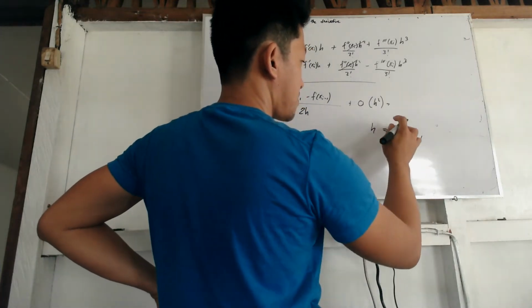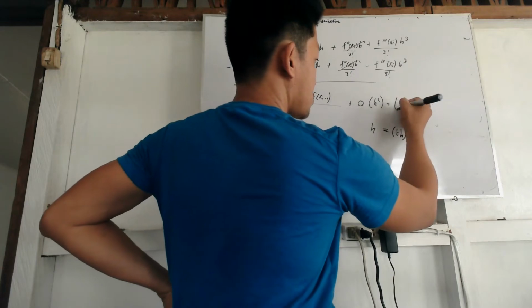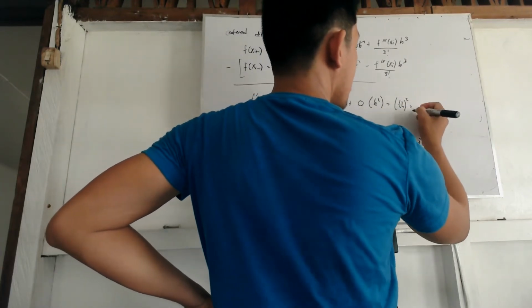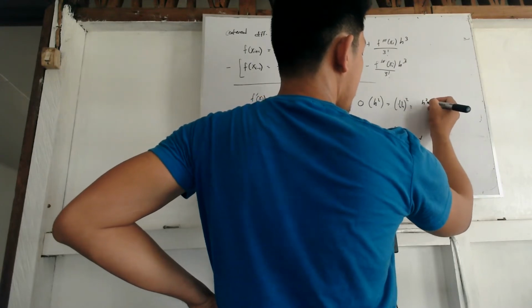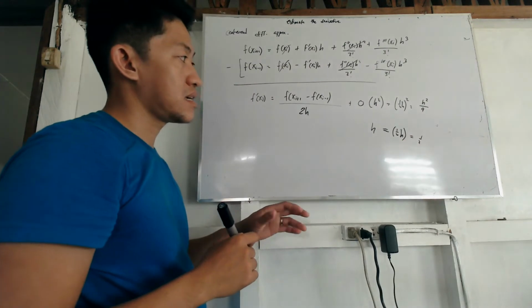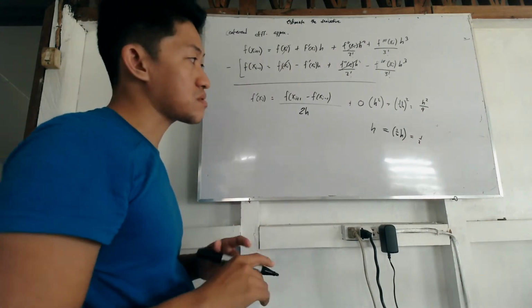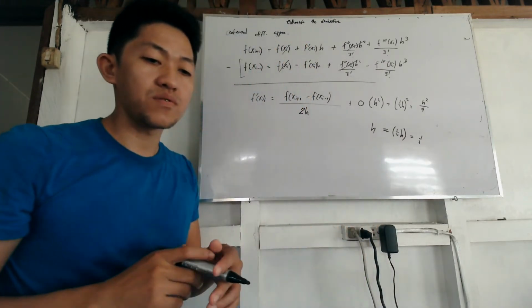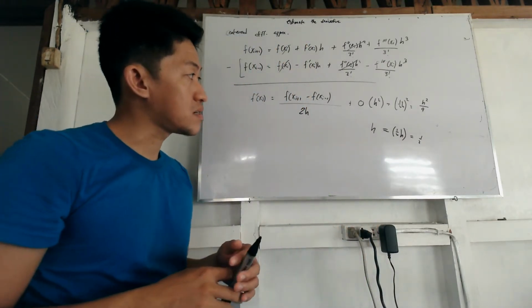Now this one, if you reduce h by 1/2 h, what happens? You have h squared over 4, meaning the error will be reduced by a factor of 4 or 1/4.